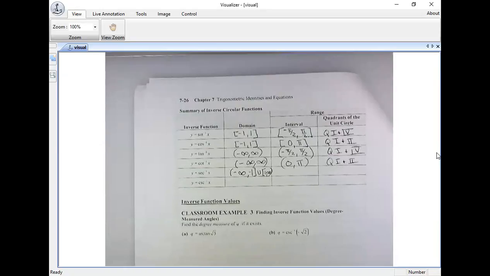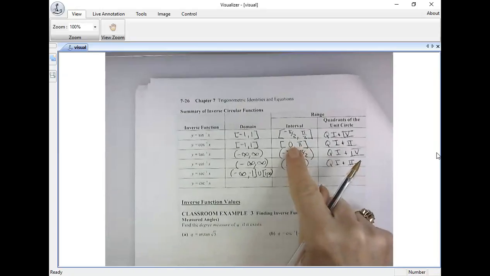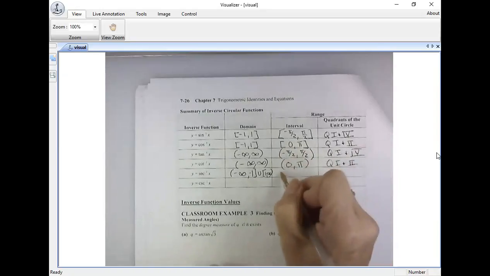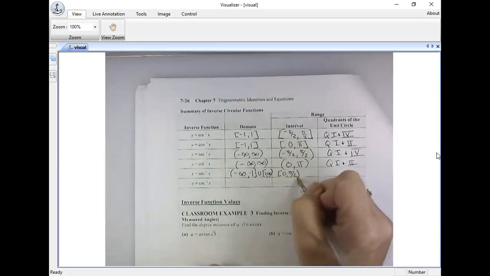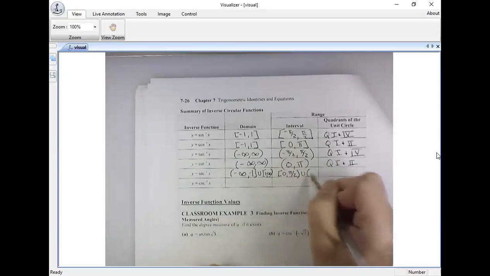Since secant is the reciprocal of cosine, wouldn't it make sense that this would be the same, except what's the one thing we can't include? Remember, we've got a horizontal asymptote. Where is it? Pi/2. So we're going to go from 0 to pi/2, close that with a parentheses, and then go from pi/2 to pi.